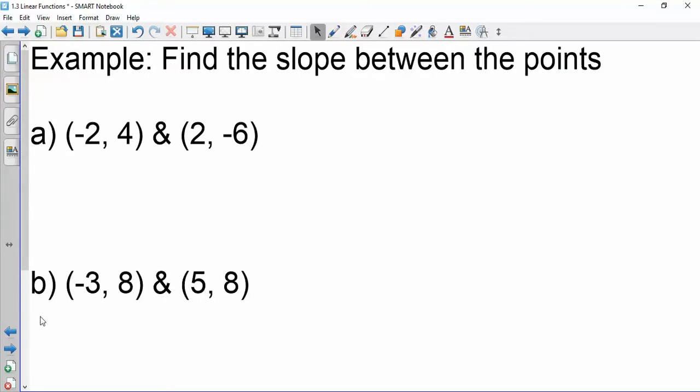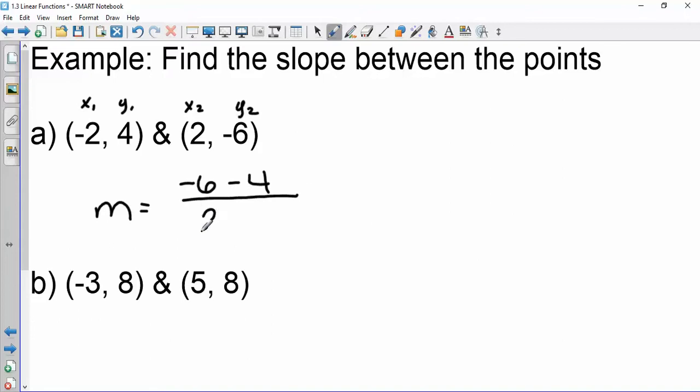So I'm just going to give you 2 points and ask for the slope between them. So this is like your x sub 1, y sub 1, x sub 2, and y sub 2. So slope is y sub 2 minus y sub 1 over x sub 2 minus x sub 1.